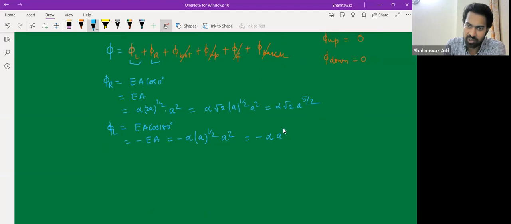So this is alpha a to the power 5 by 2. So this would be the phi L. And total flux would be how much? Phi L plus phi R. So this would be alpha root 2 a to the power 5 by 2 minus alpha a to the power 5 by 2. So this would be alpha a to the power 5 by 2 times root 2 minus 1.